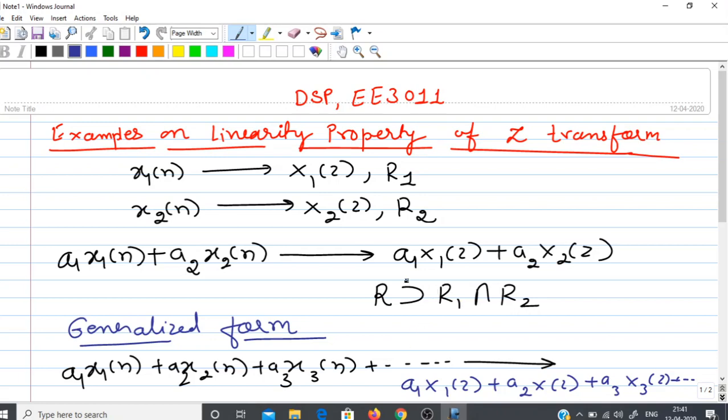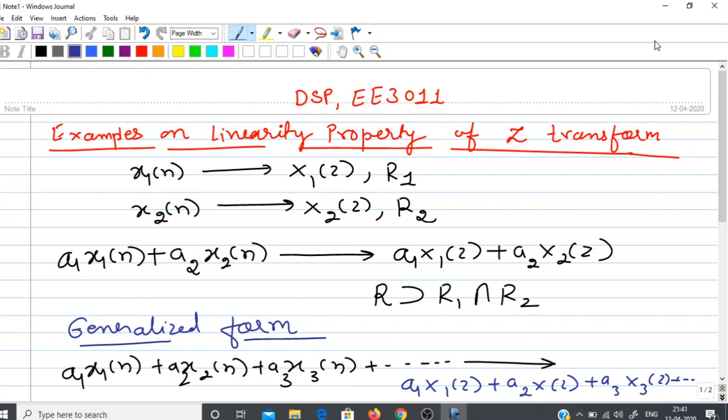We saw that if we combine two infinite duration sequences, let's say u(n) and u(n minus 1), and make a new sequence which is u(n) minus u(n minus 1), then we get delta(n), which is a finite duration sequence. And this finite duration sequence's ROC is more than the ROCs of u(n) and u(n minus 1). In fact, u(n) and u(n minus 1)'s Z transforms have ROC mod z greater than 1, whereas the Z transform of delta(n) is 1 and its ROC is the entire Z plane.